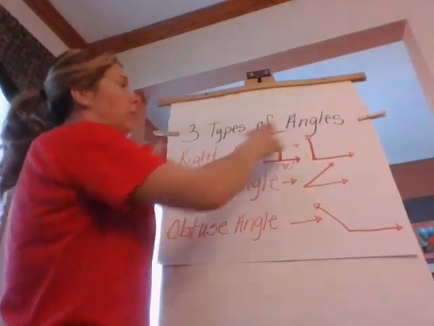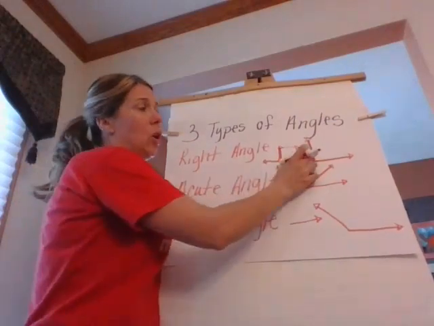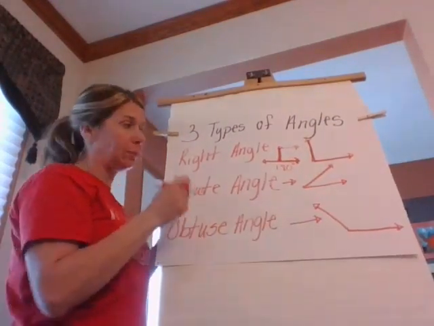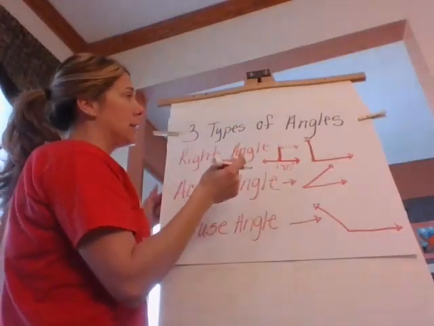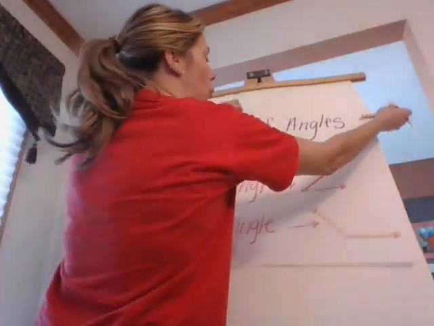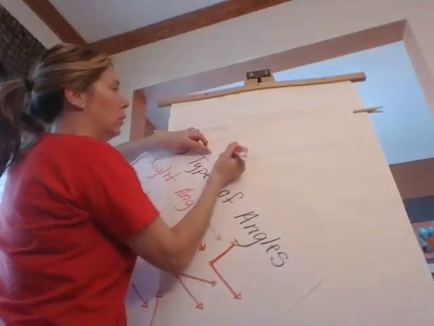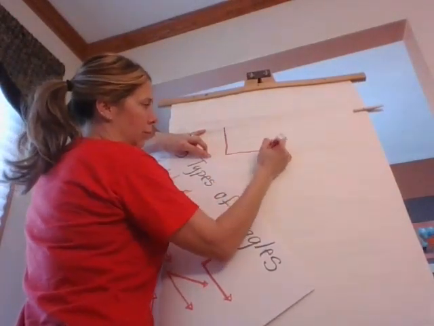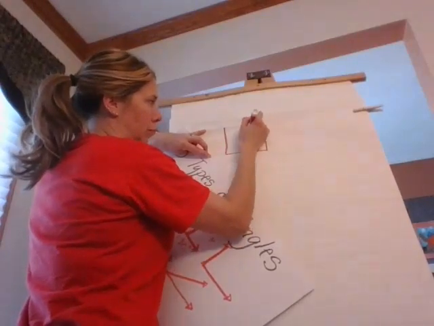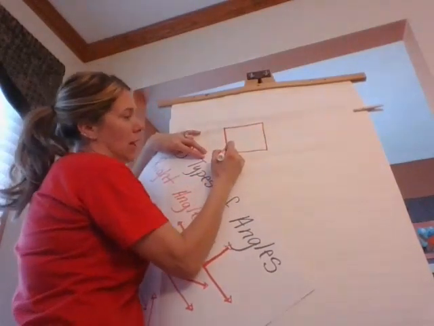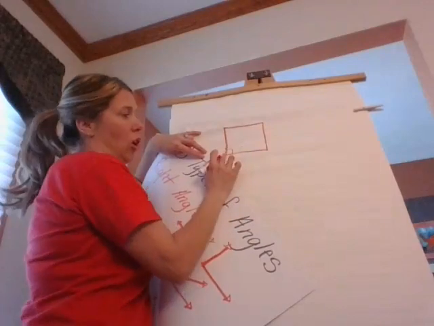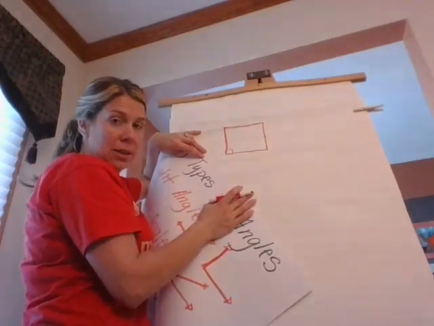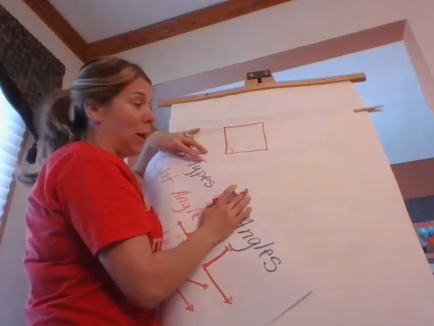So an example of some shapes that have right angles in them are squares and rectangles. So if you look at a square or a rectangle, if you see here, these are all 90-degree angles. See how those are completely straight? Well, as straight as Mrs. Wojcik can make them.